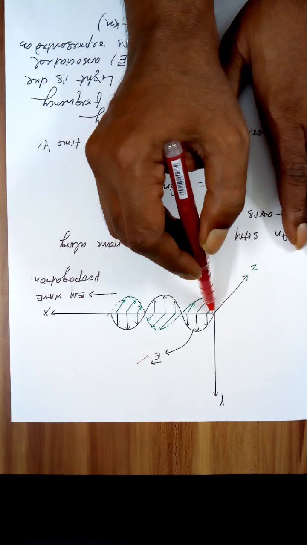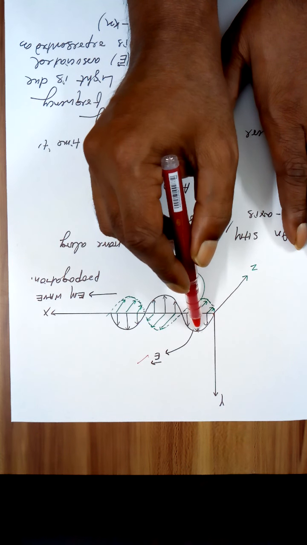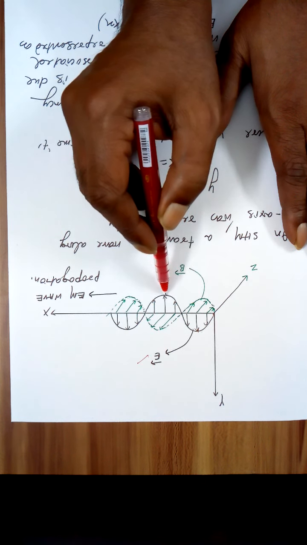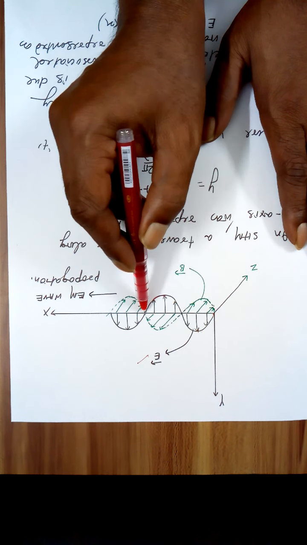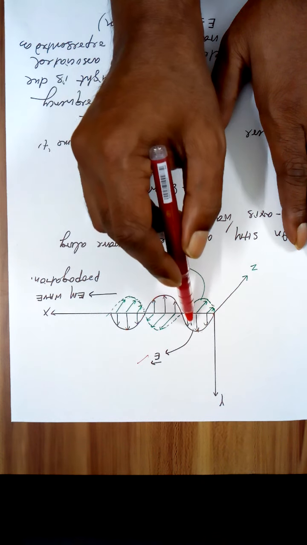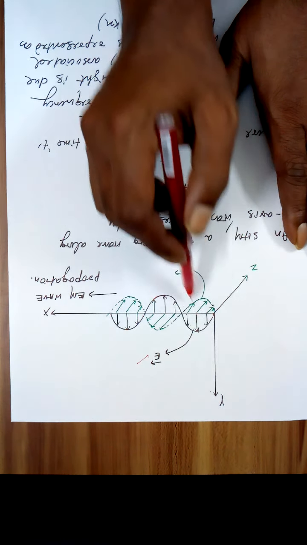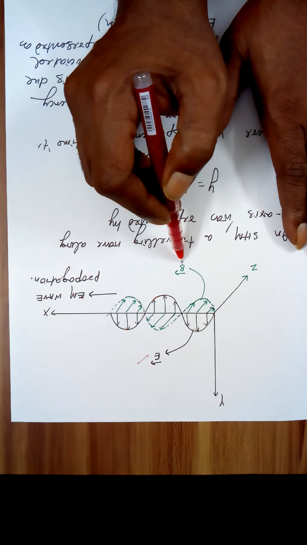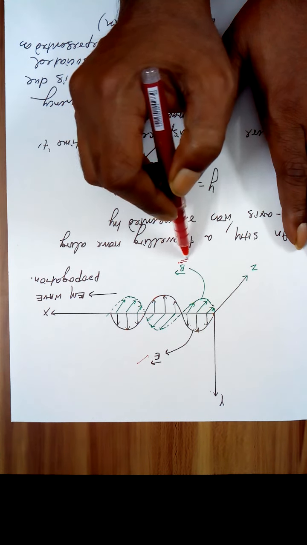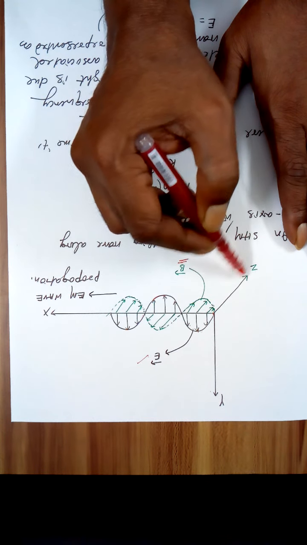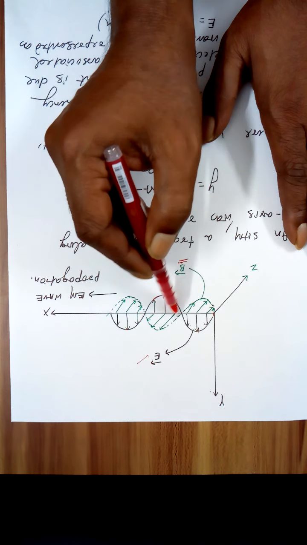Means here it is 0, here it is maximum, then the value decreases, becomes 0, then it increases on the other side, becomes maximum, becomes 0, then again increases, becomes maximum and 0. The electric field is along the y-axis, and the magnetic field B, written in green, is along the z-axis. This one.